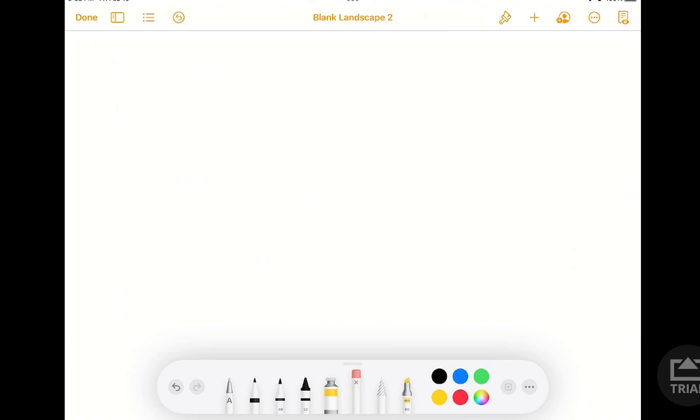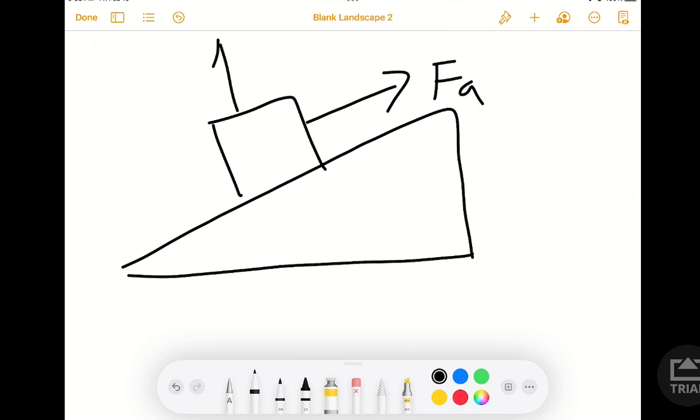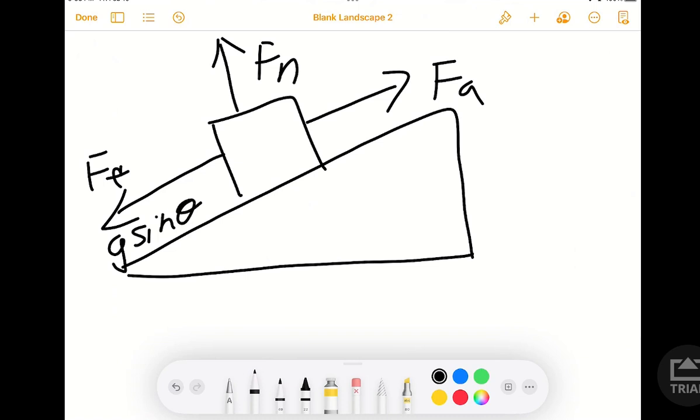So what we're going to see is that when you have an inclined plane and an object sitting on it, your forces are going to be an applied force, the normal force, a frictional force, which will be given by G sine theta, and you'll have this directional force, which will be given by G cosine theta.